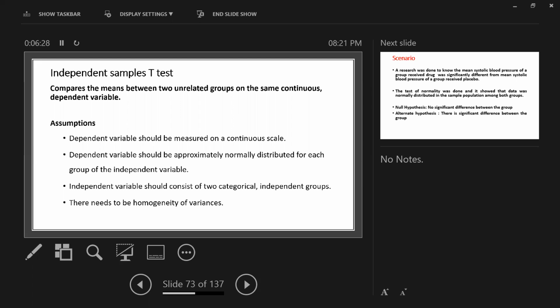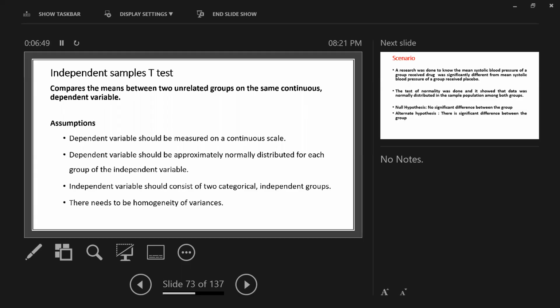So the variable should be continuous. It can be either interval or ratio, then it is called continuous.